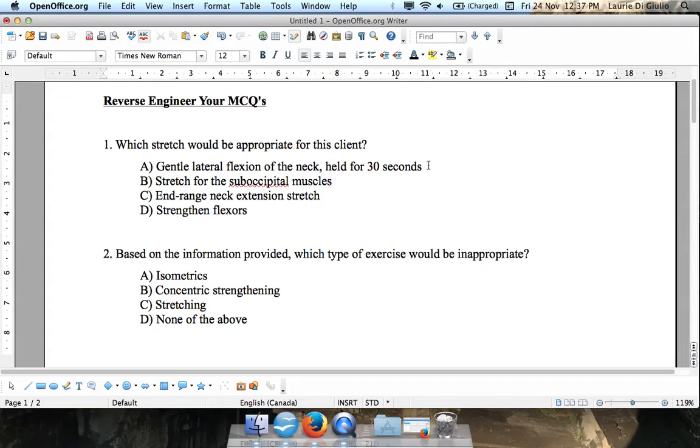So what you can do here is, instead of looking at the case study, for each of these possible options, indicate the things that would tell you that you needed to do lateral flexion of the neck or stretching for the suboccipitals. So if we look at this, gentle lateral flexion of the neck for 30 seconds, why might you do that?